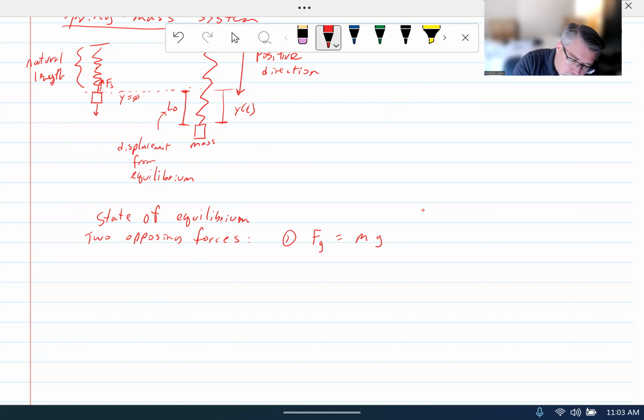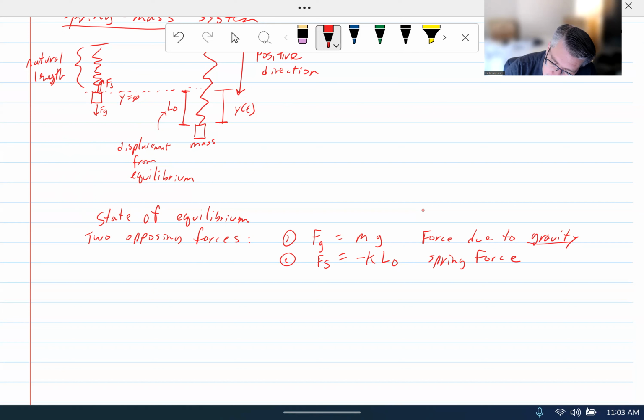They're opposing each other, but they're in equilibrium because the mass is not moving. So number two is F of s, which is negative k times L0. This is called the spring force, and the other one is called the force due to gravity.